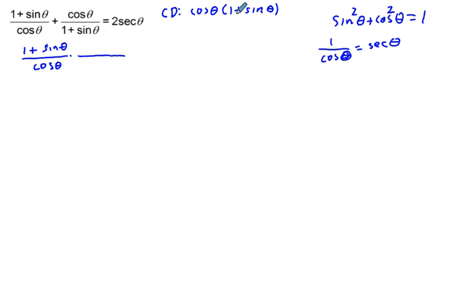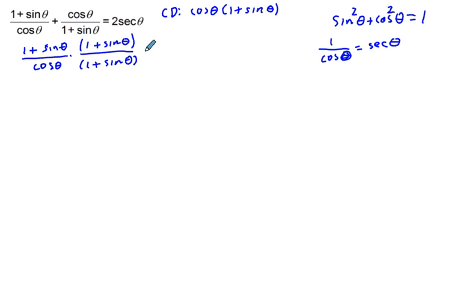Well, that's going to be this quantity 1 plus sine theta. Then since we put 1 plus sine theta in the denominator, we need to put it also in the numerator. So we put 1 plus sine theta.